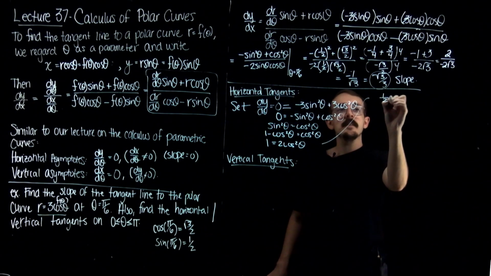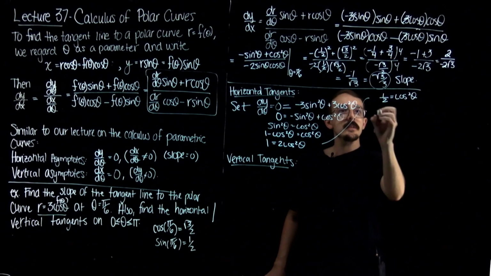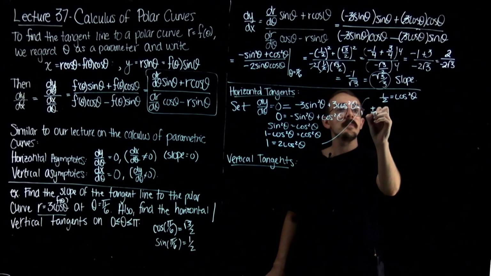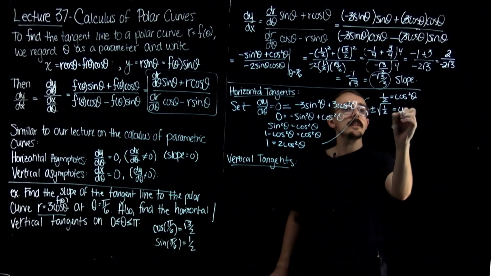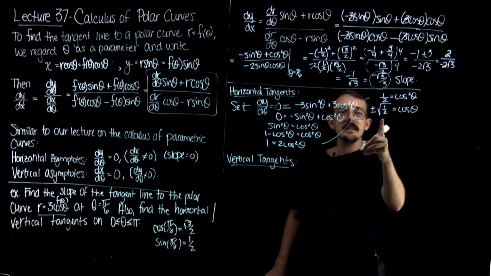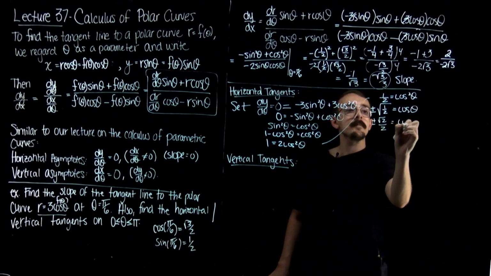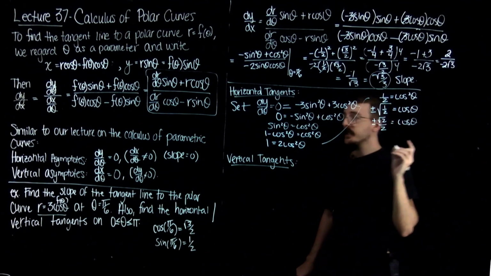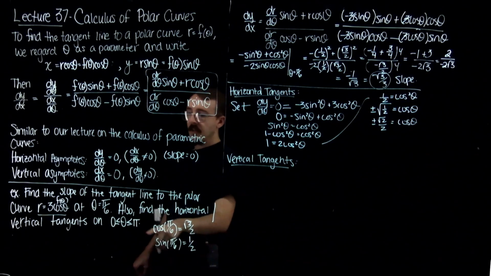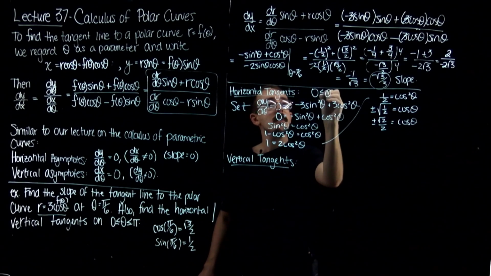That means 1/2 is cosine squared, which, if I take the square root of both sides, I get plus or minus the square root of 1 over 2 is cosine. But that's the same thing as plus or minus root 2 over 2 equals cosine theta.